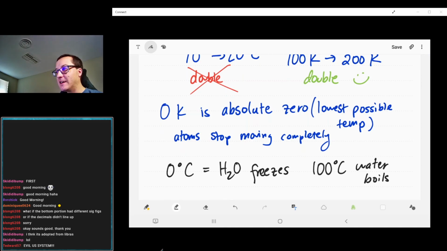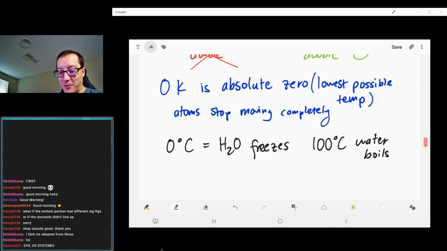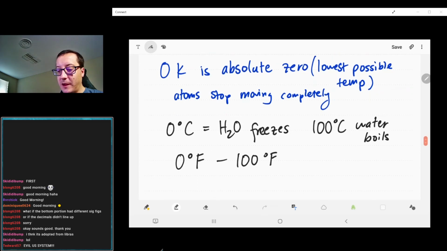Fahrenheit is an interesting story. The way I remember learning about Fahrenheit was that these numbers, 0 and 100 Fahrenheit, are based on the weather extremes in some guy's town. Somewhere in Europe, right?